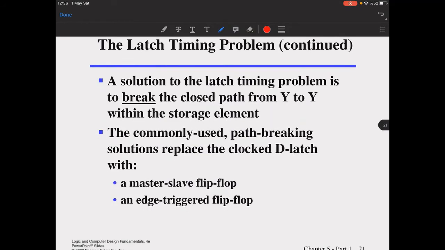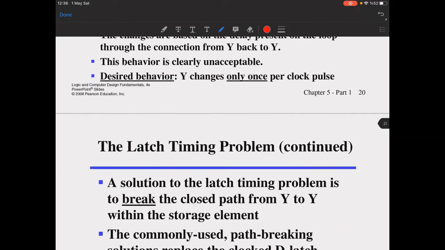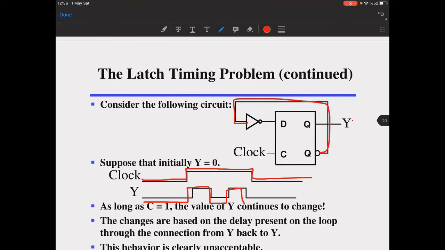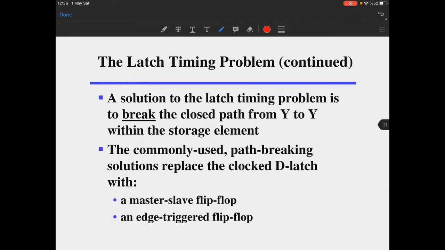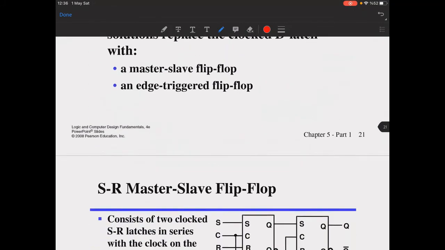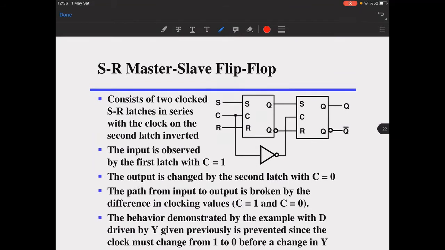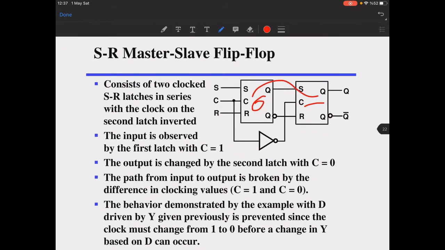A solution to this latch timing problem is to break the closed path from this Y to Y here, this closed path, with a master slave flip-flop, like this one. Okay, master and slave. So it means that you're breaking the path here, like this.